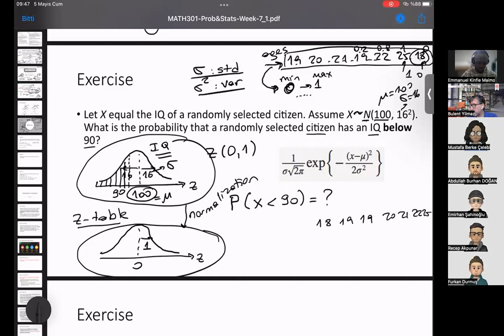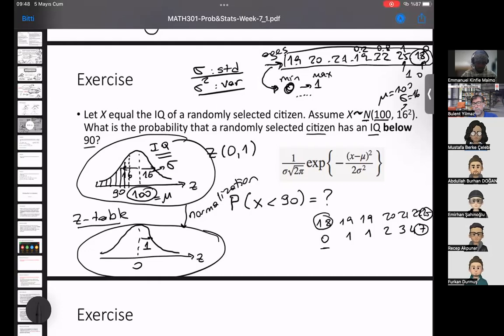If I subtract 18 from all of them, what would I get? 0, 1, 2, 3, 4, 7, right? 0 would be 18, 25 would be 7, right?